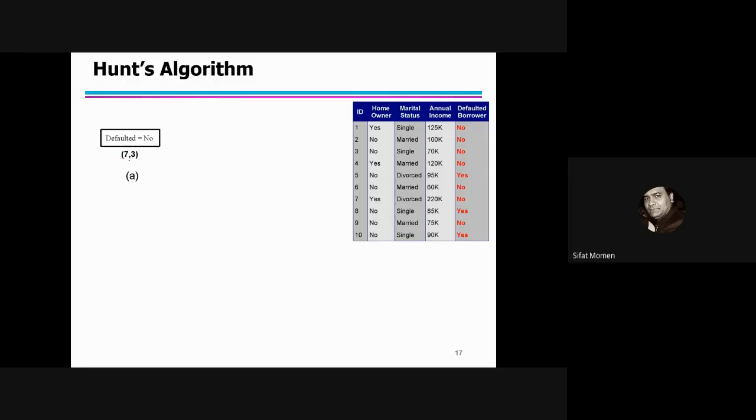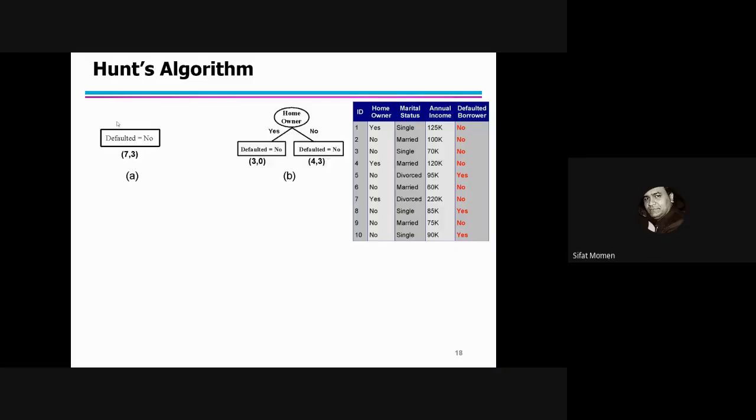Is that okay? So there are 7 no's and 3 yeses. Is it a mixture of yes and no, or not? It's a mixture of yes and no, so I cannot directly say all no's or all yeses. So we need some attribute or feature through which we want to split it further.